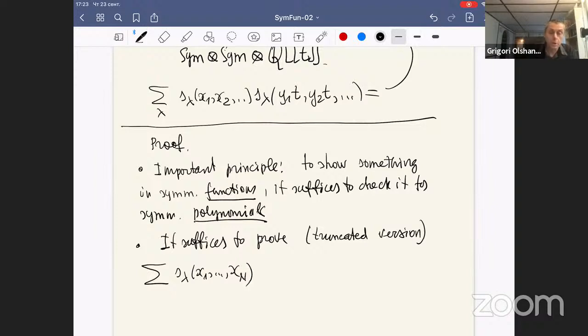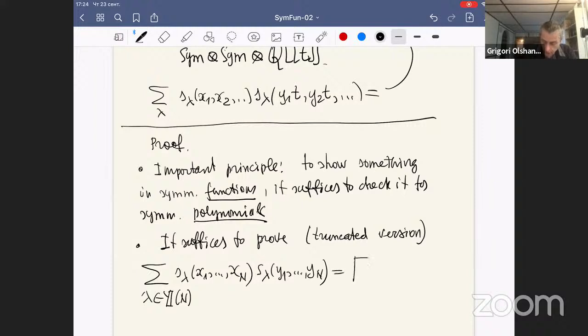N can be arbitrary. But then you have a sum over this set of partitions only, because otherwise we get 0.